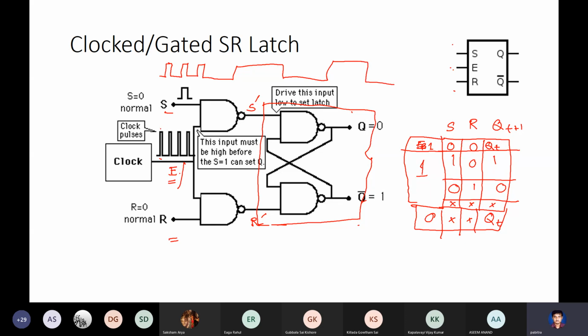But only when the clock is high, at that moment, whatever is the value of S and R will affect the output, and the output will change only during this period. The output can change only in this period, and it will make a change depending on what the values of S and R were at these instances.